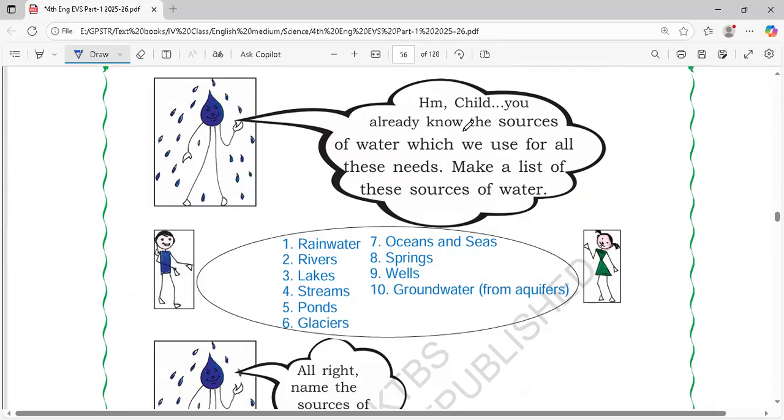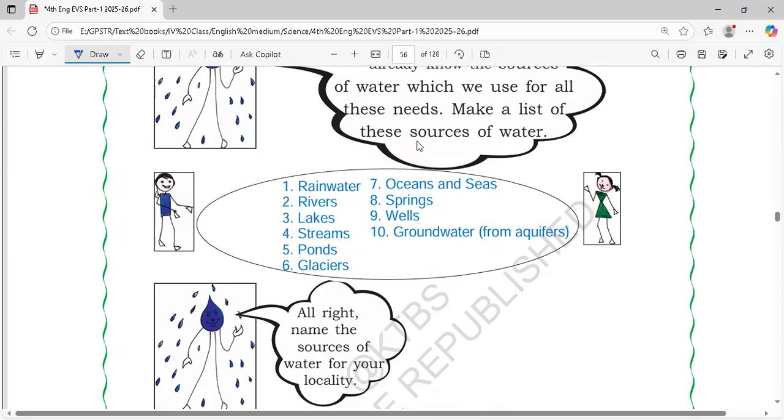Water droplet talking. Child, you already know the sources of water which we use for all these needs. Make a list of these sources of water. Sources of water are rainwater, rivers, lakes, streams, ponds, glaciers, oceans and seas, springs, wells, groundwater.